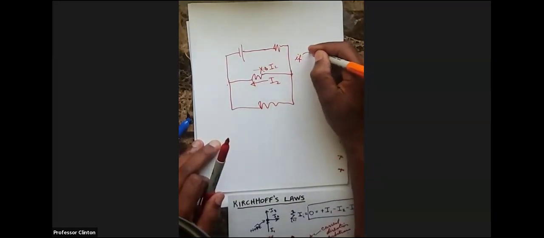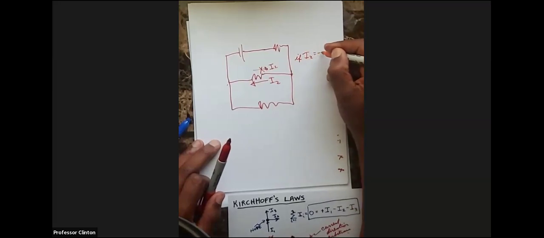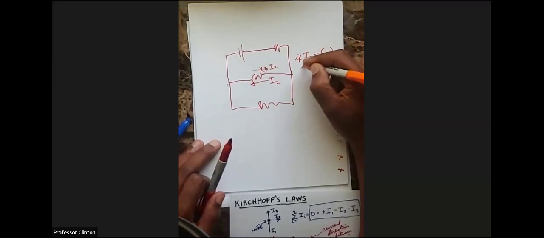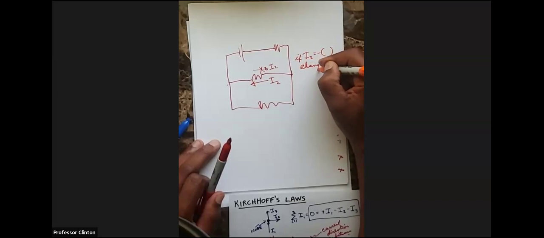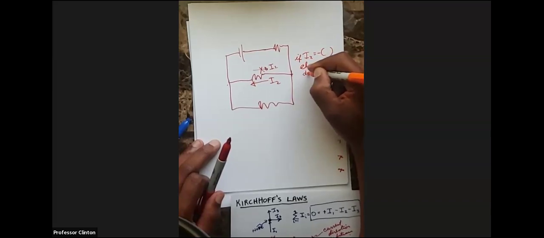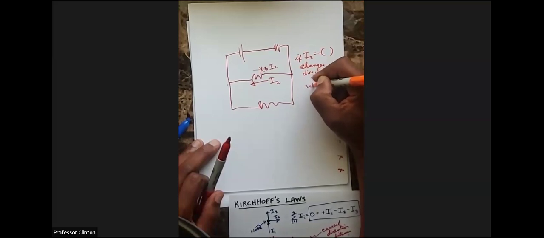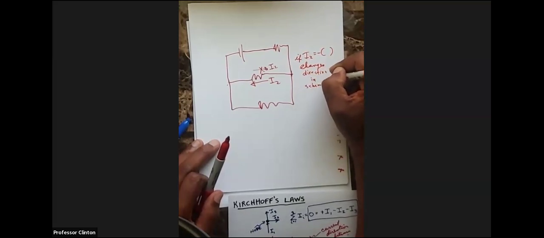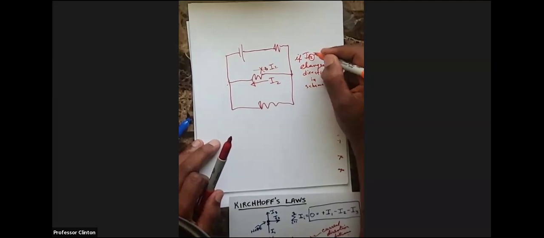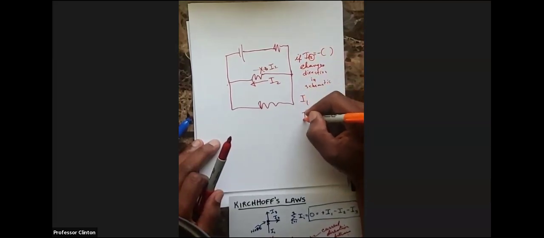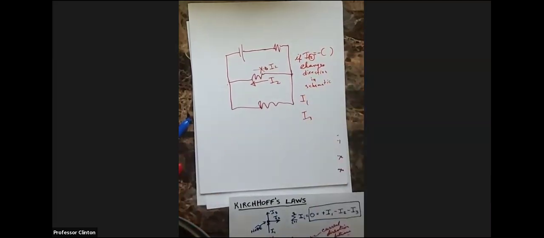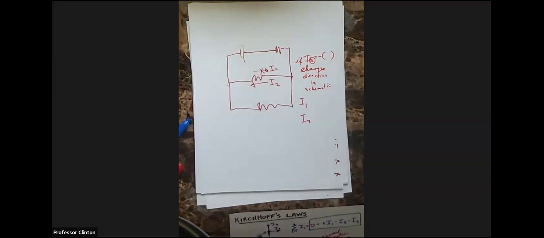So if I2 is equal to some negative number, change direction in schematic. Okay. And same thing for all the other ones, I1, I3, so on and so forth. Current direction that you select is arbitrary. Loop direction that you select is also arbitrary. Don't want this video to be too long.